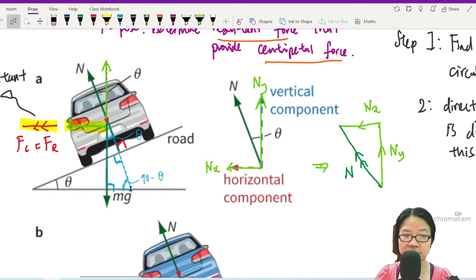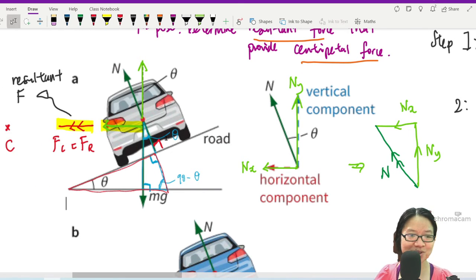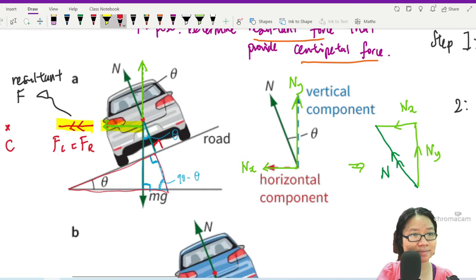The reason why I know this is 90 minus theta is because if you trace out this triangle, so this 3D thing needs a little bit of time, especially if you are geometrically challenged like me. Anyway, this is my theta, and if this is theta, by alternate angles, this will be theta. So that's how I know this angle here is theta.